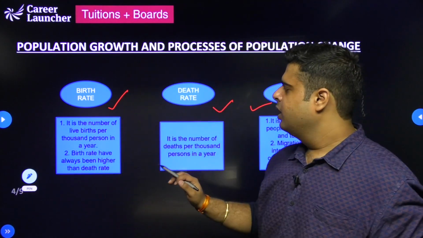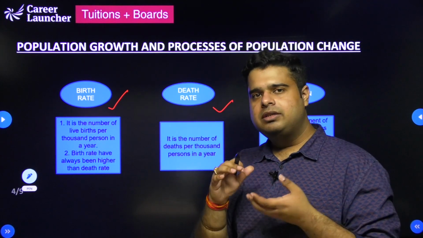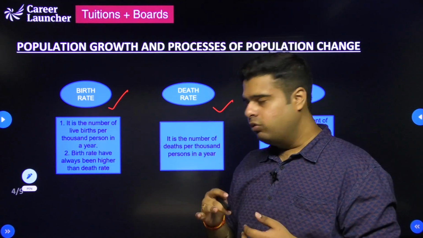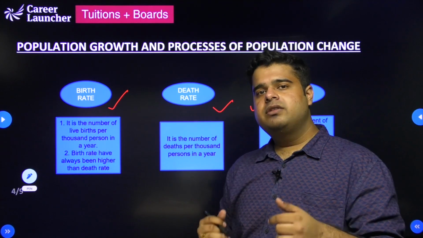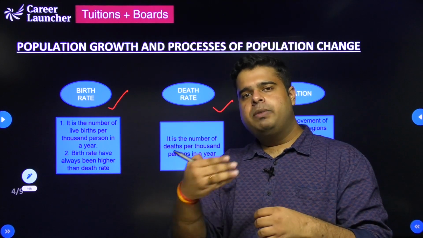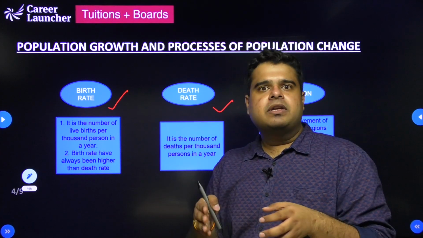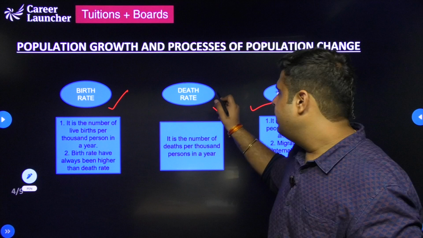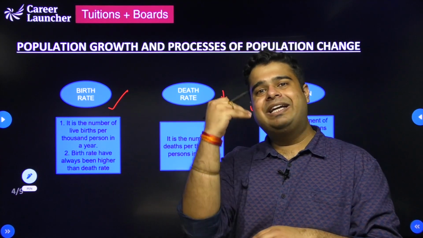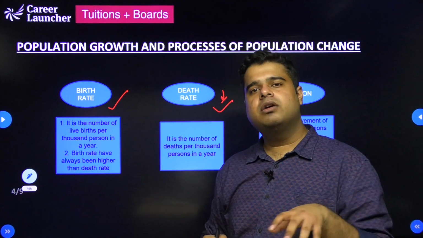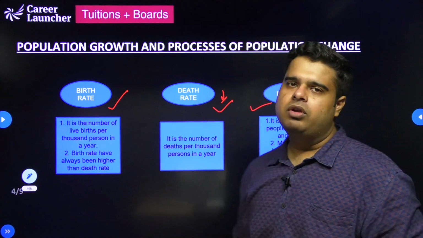Starting with birth rate, it refers to the number of children born per 1,000 individuals in a year. The death rate is just the opposite. It's the number of people who died per 1,000 individuals in a country or geography.